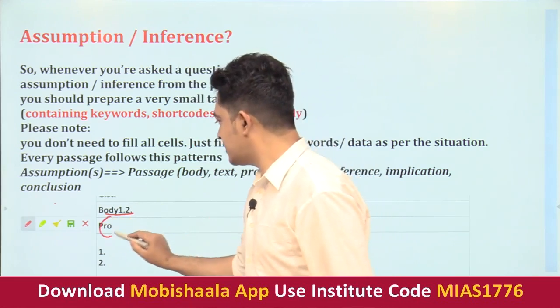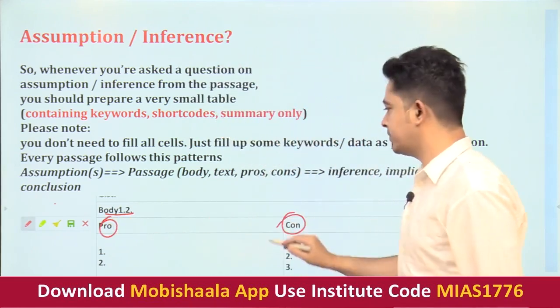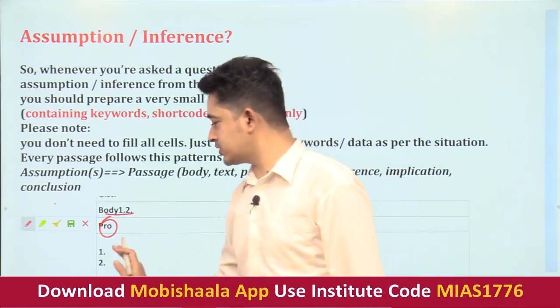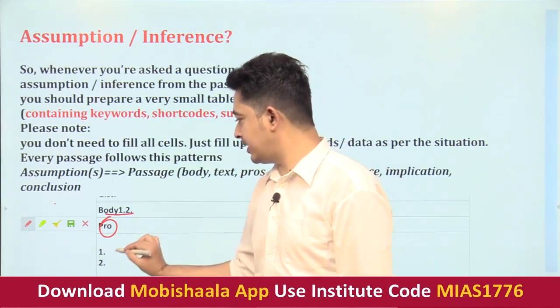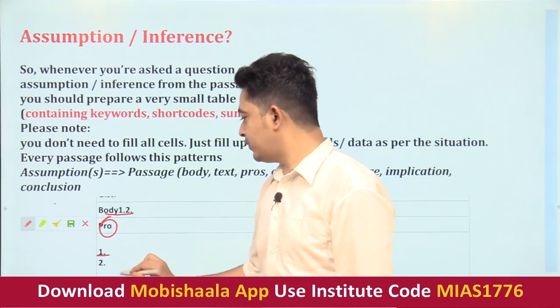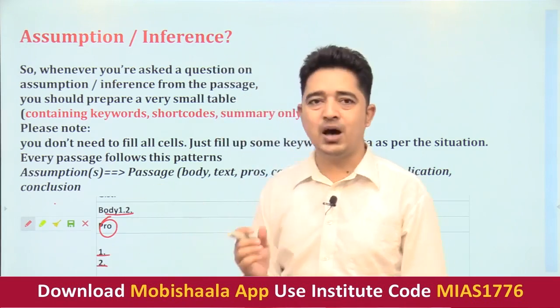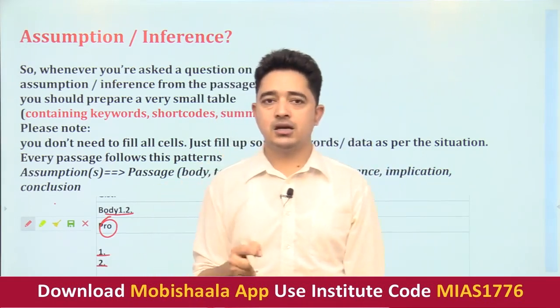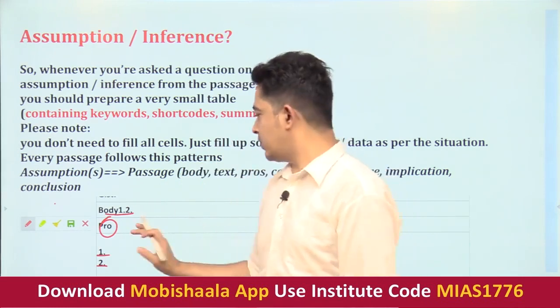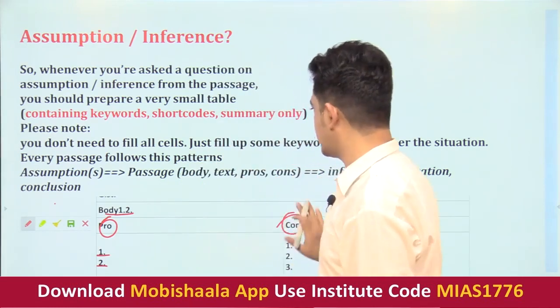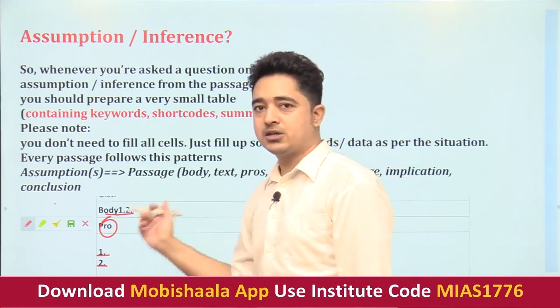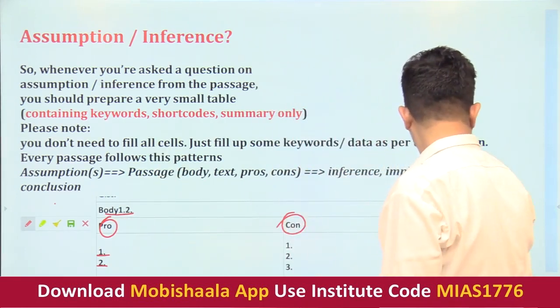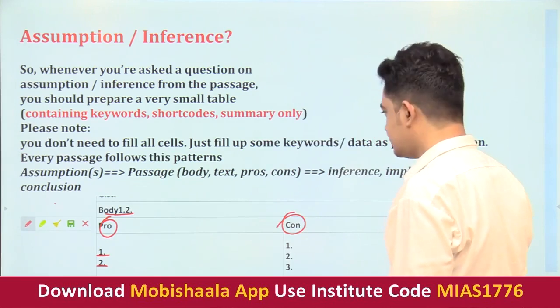Here you need to understand pros and cons. It means you have to understand the main portion first, like 1, 2 and 3, what exactly you have extracted from the passage, which would be very important. So 1 and 2 here are pros and here is cons. We will get to know exactly how you will use this chart to solve the questions.